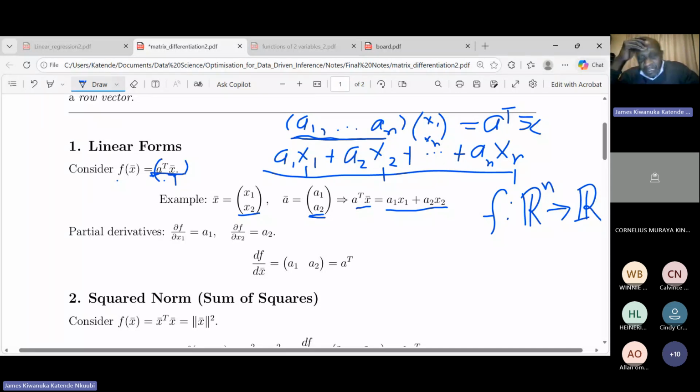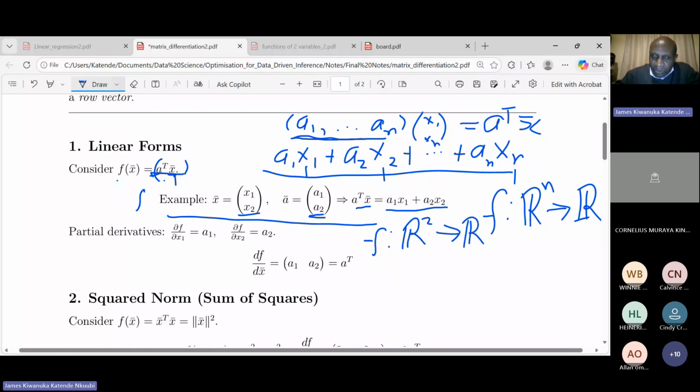So it's a function from Rn to R. In our concrete example here, we are now dealing with a function from R2 to R. This function is just from R2 because we have two variables, and when you work them out, you get just a number. So the output is just a real number.